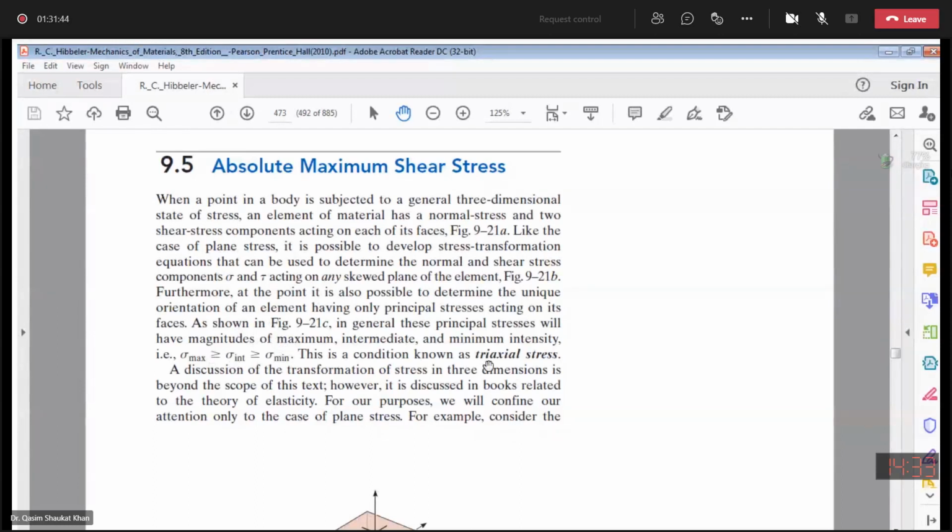So this was the triaxial stress state, but because we did not study this in detail, we just studied the basic working principle of triaxial stress. Our focus was on the biaxial stress state, or you can say the plane stress state.